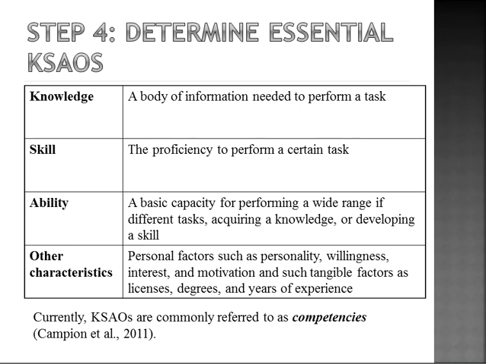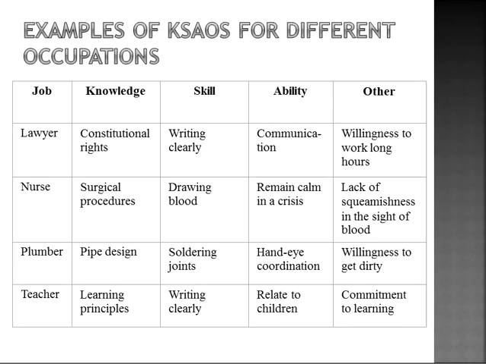So let's look at some different KSAOs for different occupations. So we have knowledge, skills, ability, and other. A lawyer, knowledge, constitutional rights. Skill, writing clearly. Ability, communication. Other, willingness to work long hours. Job, nurse. Knowledge, surgical procedures. Skill, drawing blood.